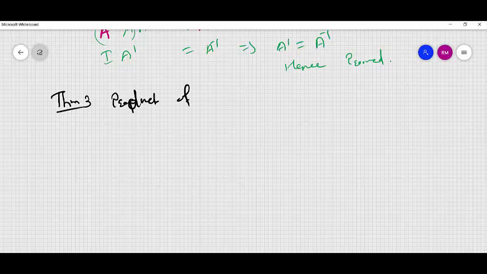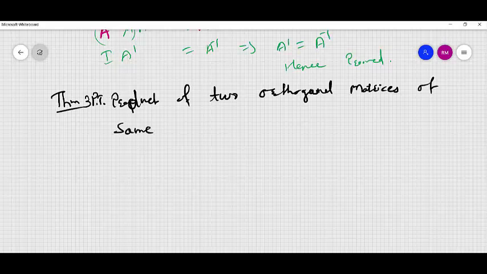Here we can see, prove that the product of two orthogonal matrices, or we can take the plural, of same order.